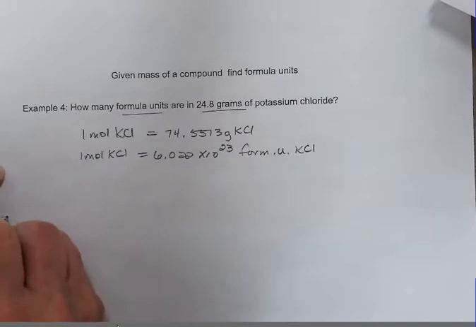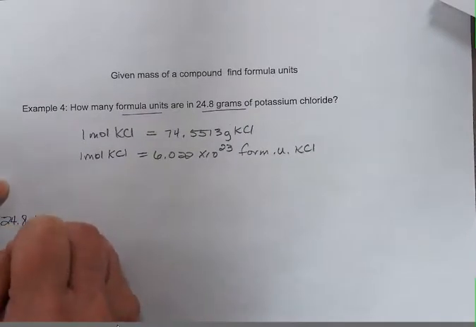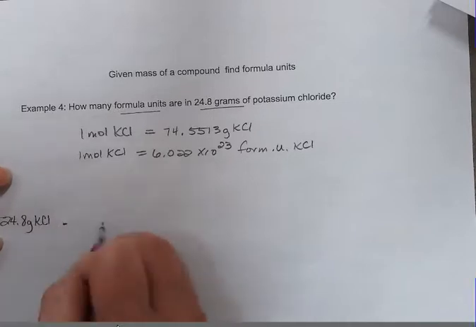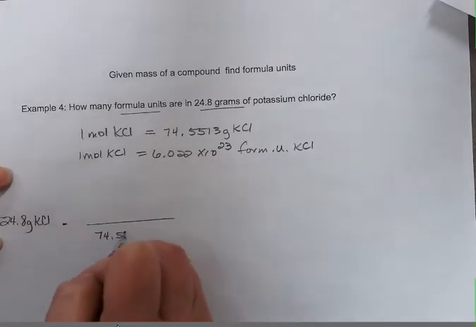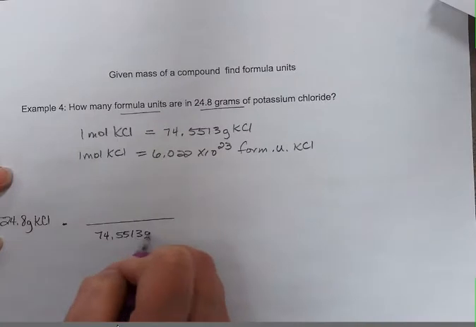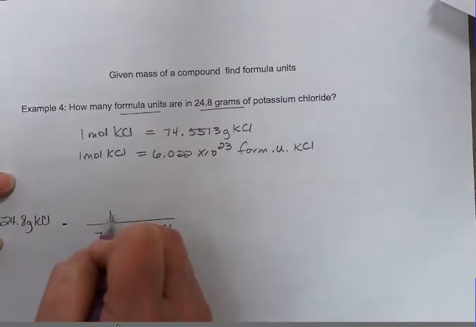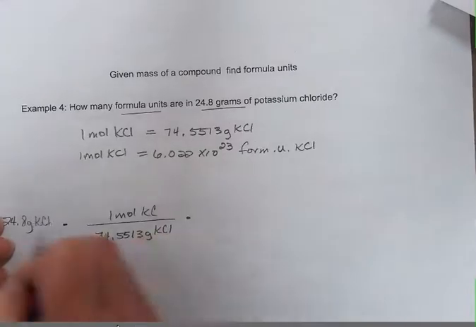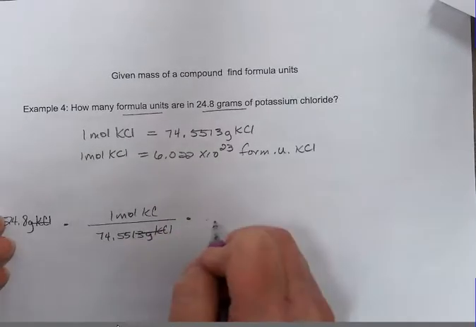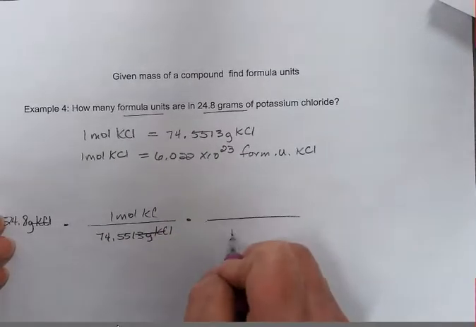We're going to take the mass, and we need mass to cancel, so it's going to go on the bottom. I need moles to cancel, so it needs to go on the bottom.